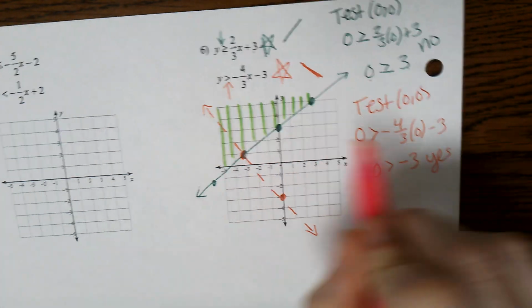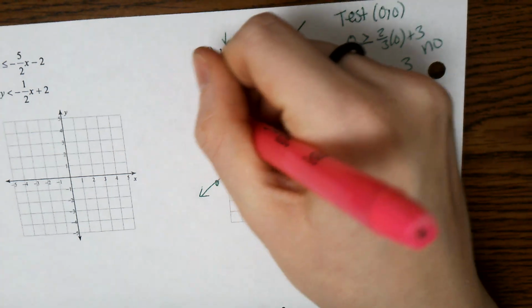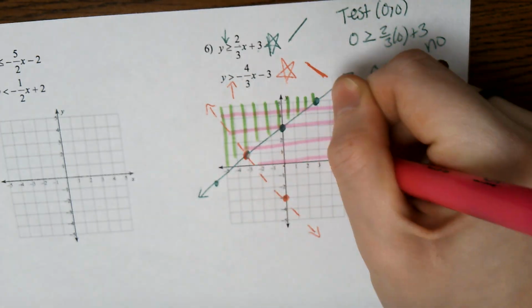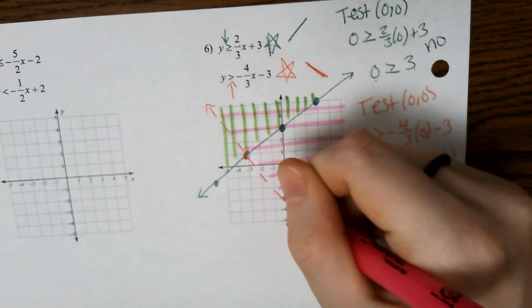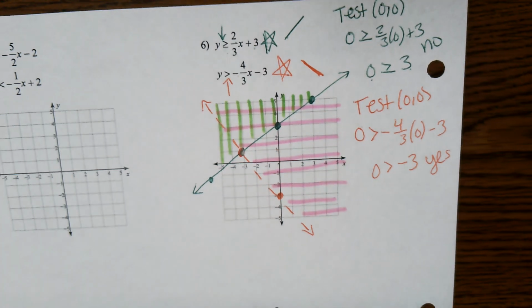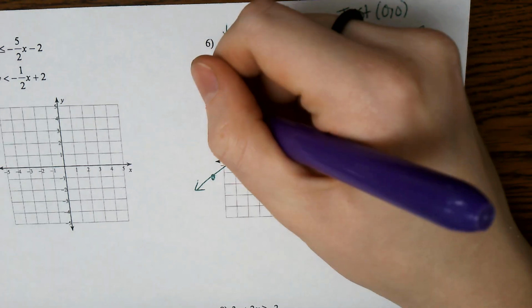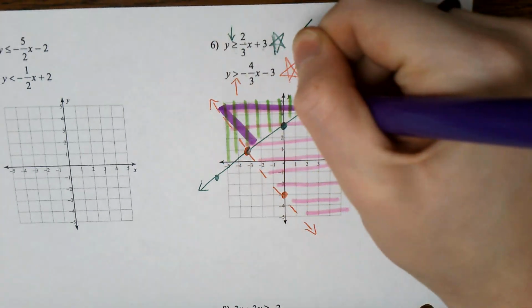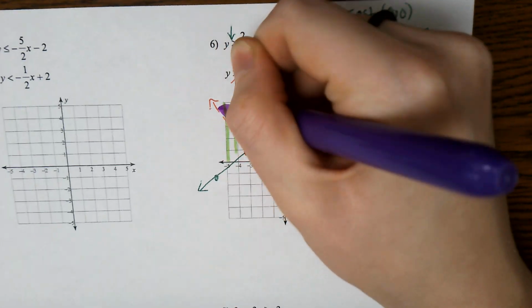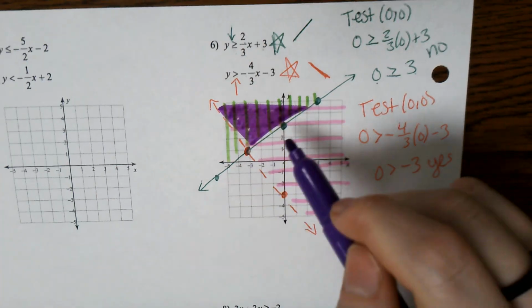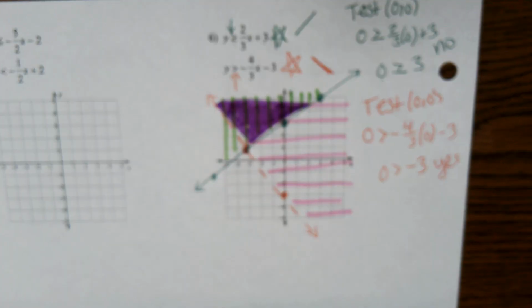I'm going to do horizontal lines this time just so you can see where the checkered pattern will happen. So everywhere on this side of the red line. Now notice the checkered pattern, or where my shading intersects, is where my actual solutions are. So on the test, I would want this part to be fully shaded. Anything in this section would be a solution to the system.